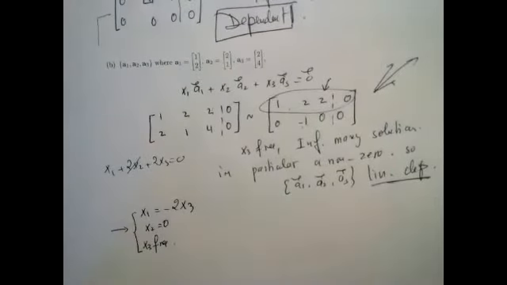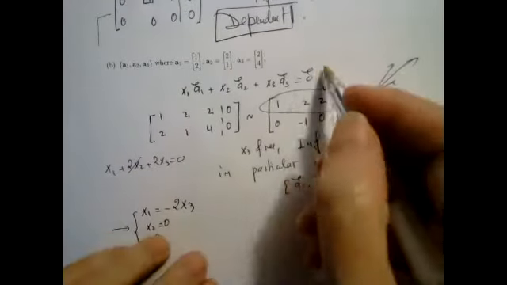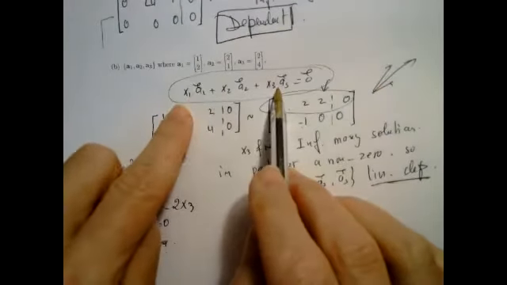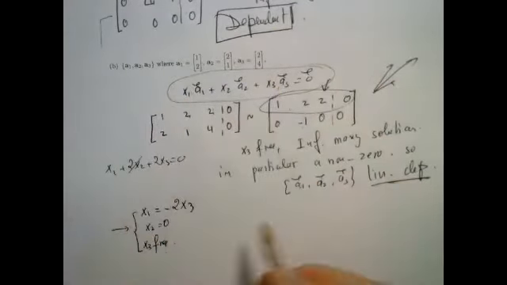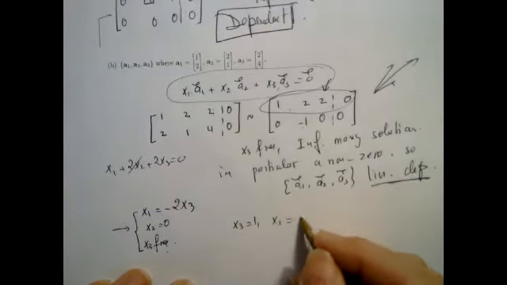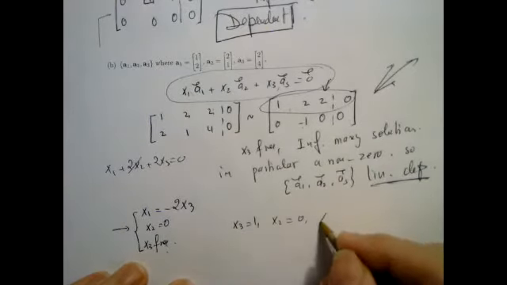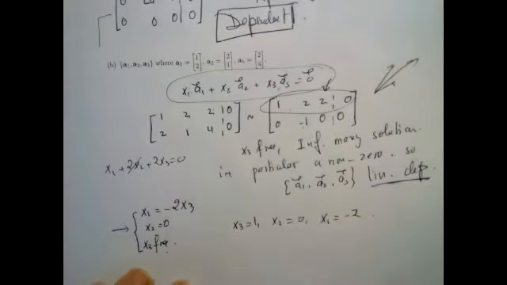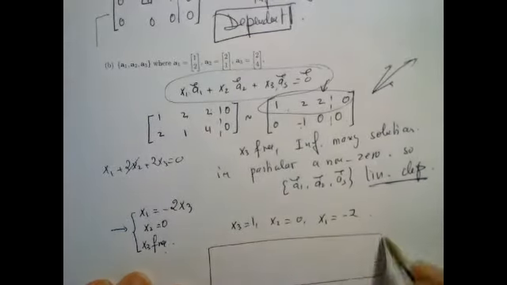Now, that's not the relation. The relation is among the vectors. It means you find a particular non-zero solution and plug it back here. So I can take x3 to be 1, x2 to be 0. It has to be, I don't have a choice for x2. This is minus 2. And now that's the relation between the vectors.